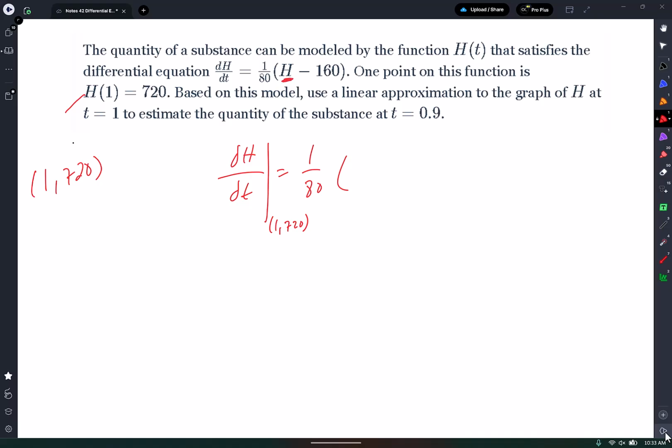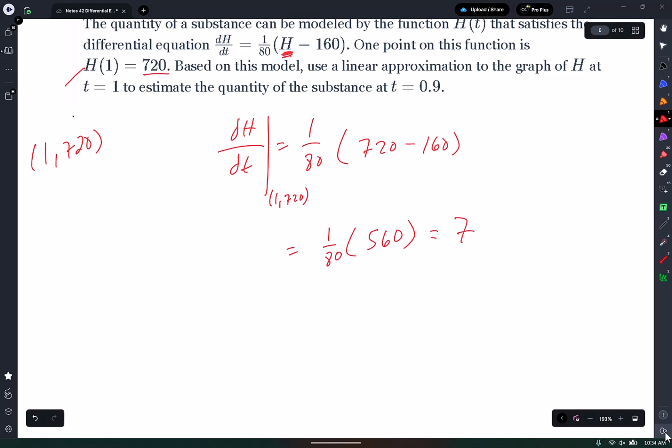This says h, it doesn't say t, so that's why I put that in here. 720 minus 160, what is that? 560? How many times does 8 go into 56? So this is 7.